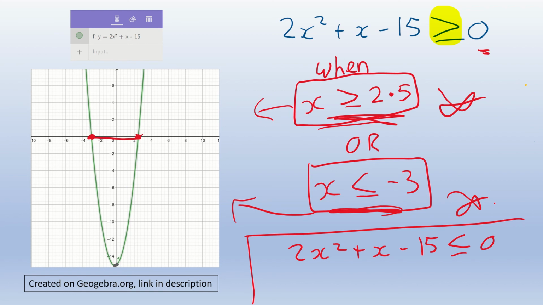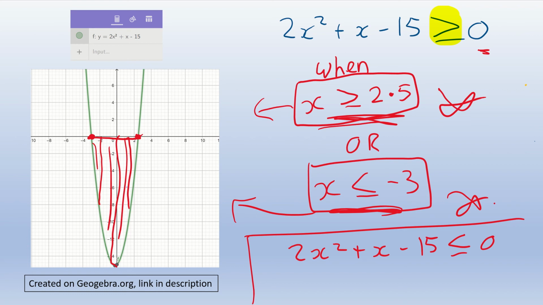So everywhere in between those two lines, you'll notice, like if I dropped a line from minus 2, I would end up below the x-axis. If I dropped a line from 0, I'd end up below the x-axis. If I dropped a line from 1, I'd end up below the x-axis, etc. Anywhere after that, you're going up above the x-axis, and we don't want that because the question doesn't ask us that.